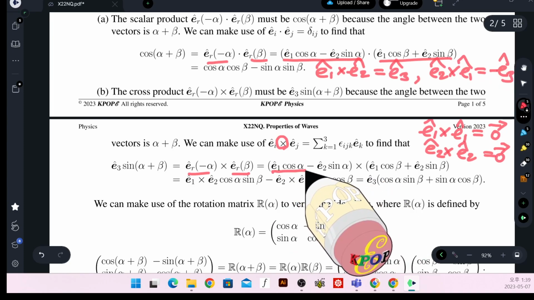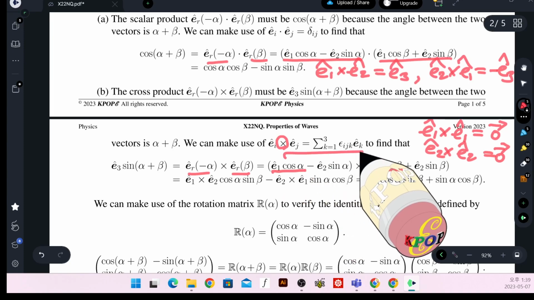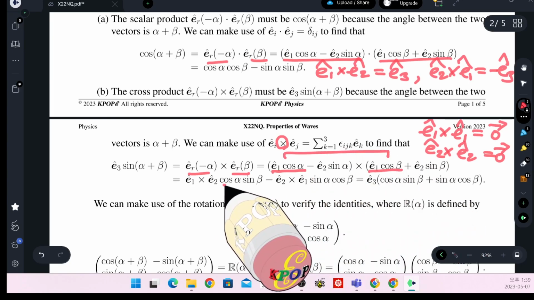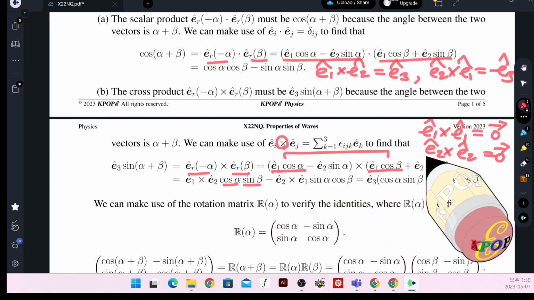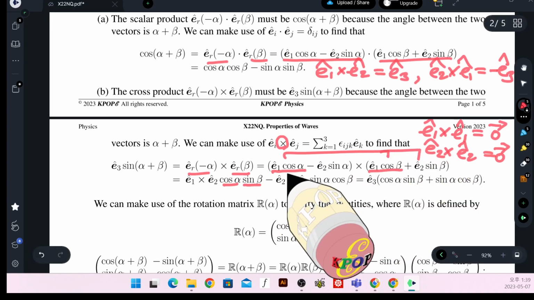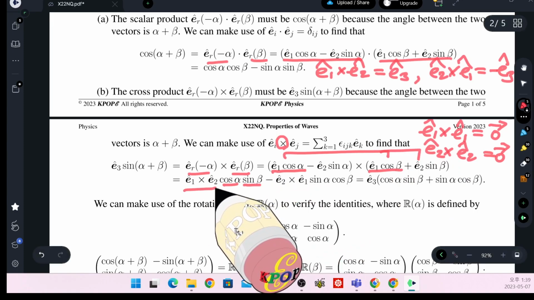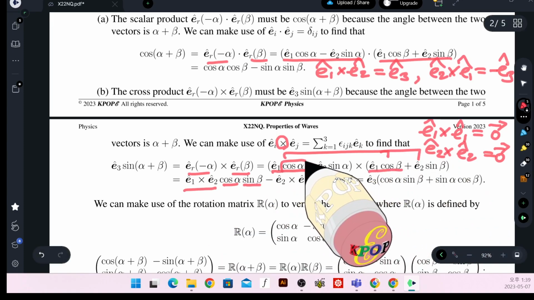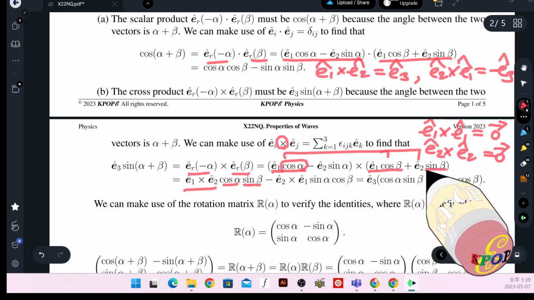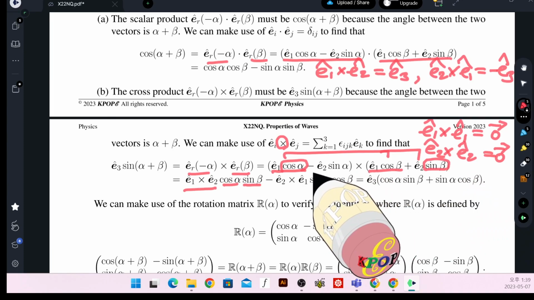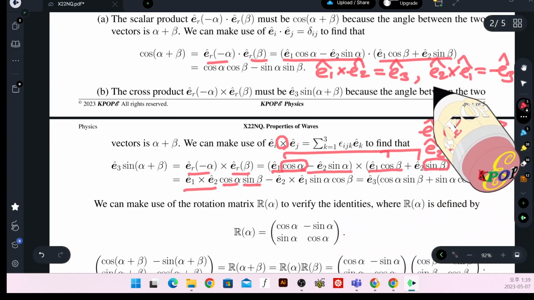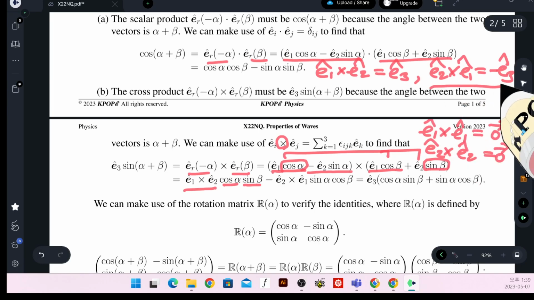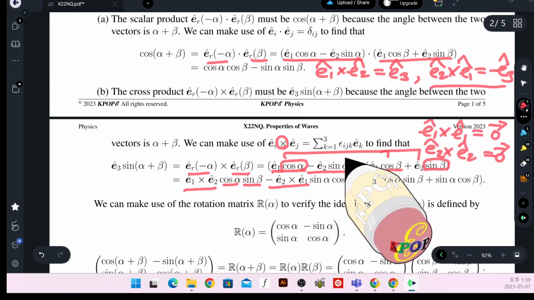Therefore, in the cross product of these two, the cosine-cosine and the 1 terms vanish. This one, e1 cross e2, with cosine alpha and sine beta, survives. Next, e2 cross e1 is minus e3.